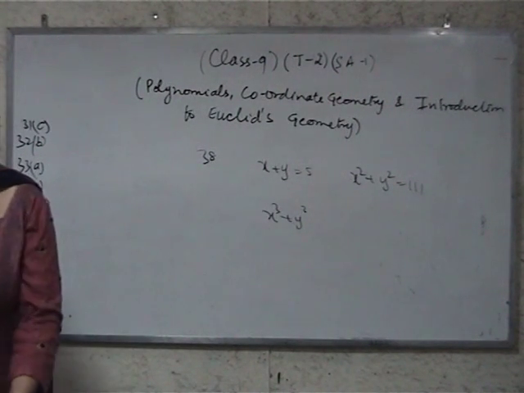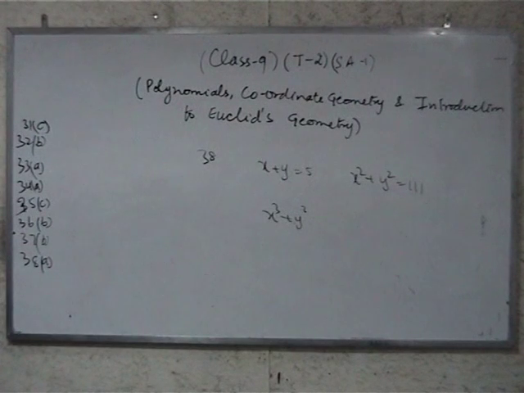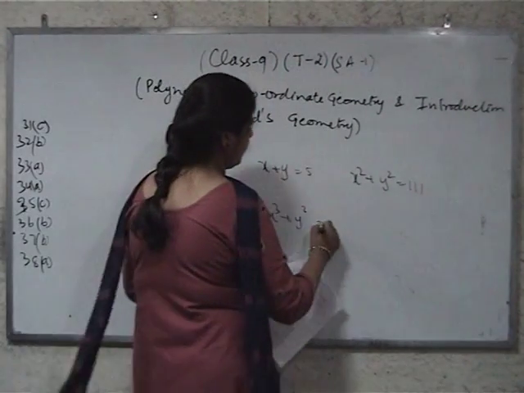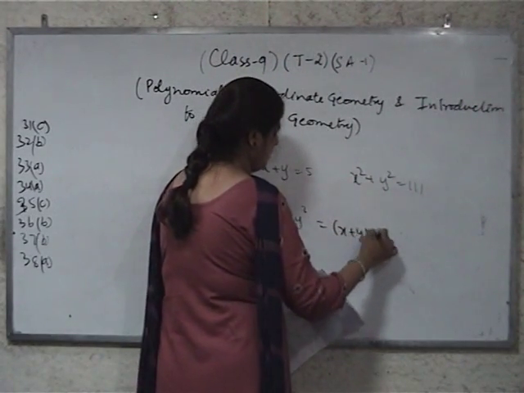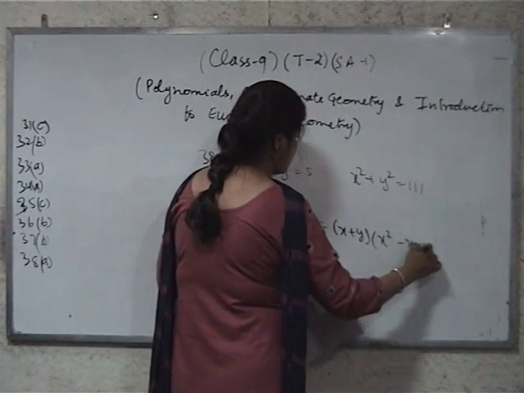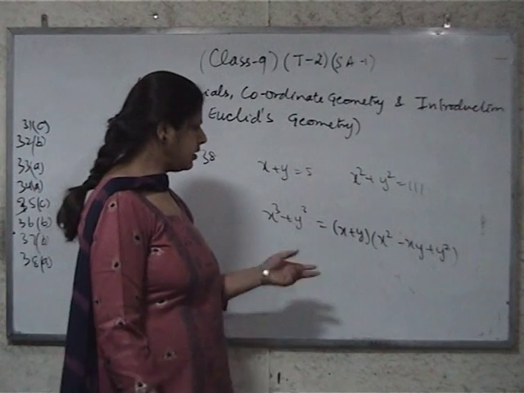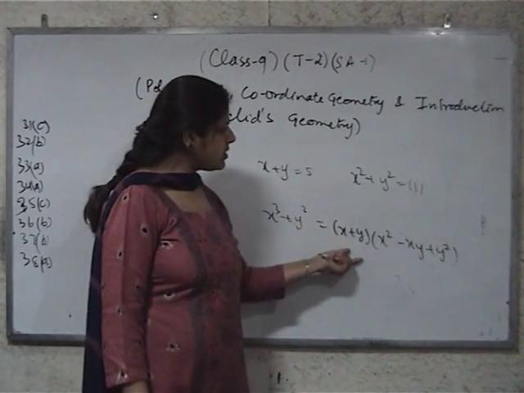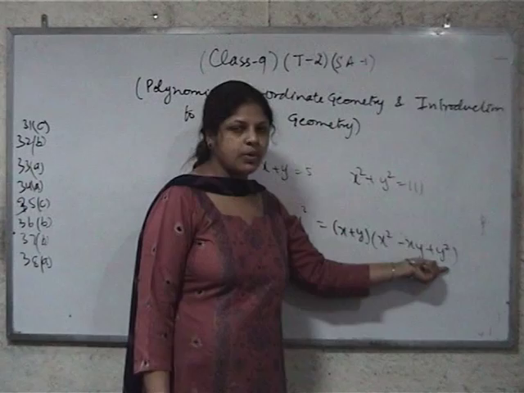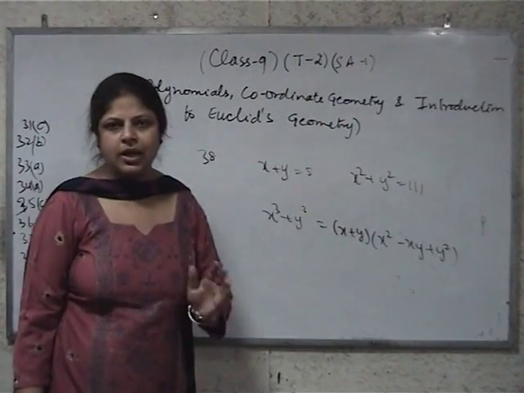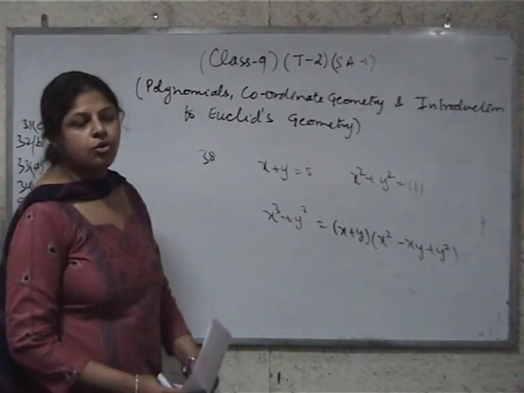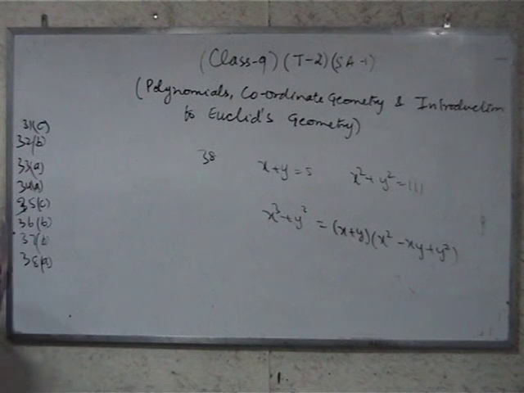The formula for a cube plus b cube is (a plus b)(a square minus ab plus b square). Now if you look at the data given, x plus y is known to me, x square plus y square is known to me, but x into y I don't have in the given data. So from the given data I need to calculate this x into y.